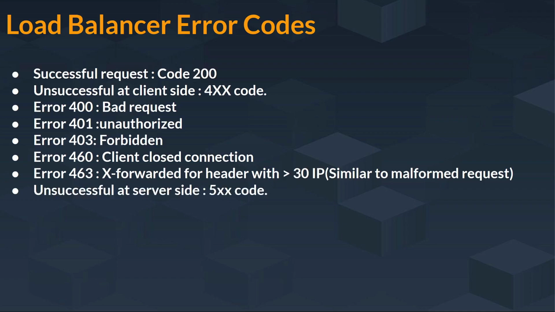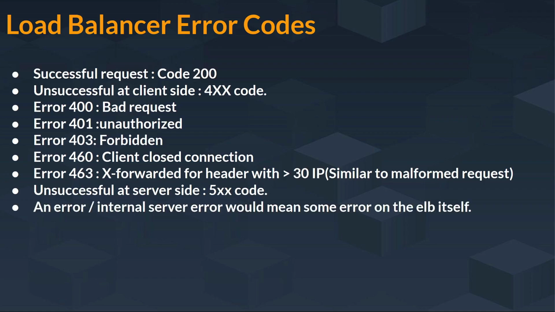Unsuccessful requests at the server side will be in the format 5xx. An internal server error would mean some error on the ELB, the elastic load balancer itself, and you will get a 5xx code. Error 502 you will get if there is a bad gateway.